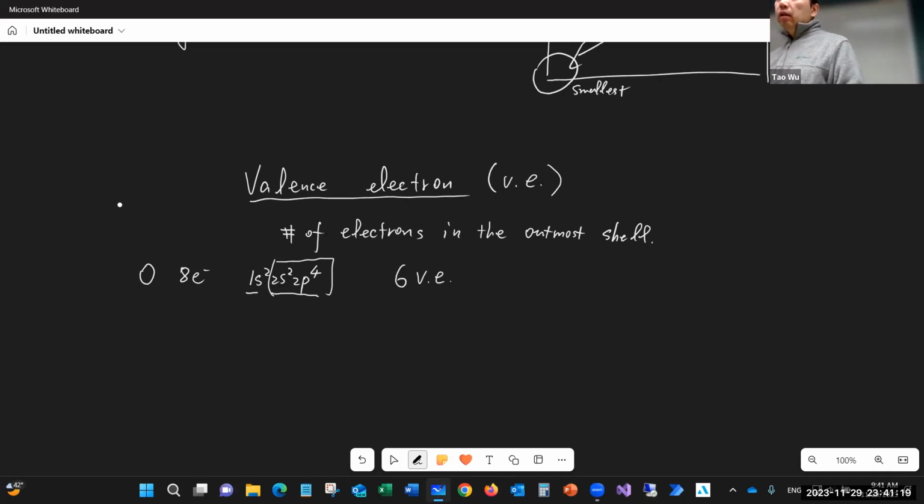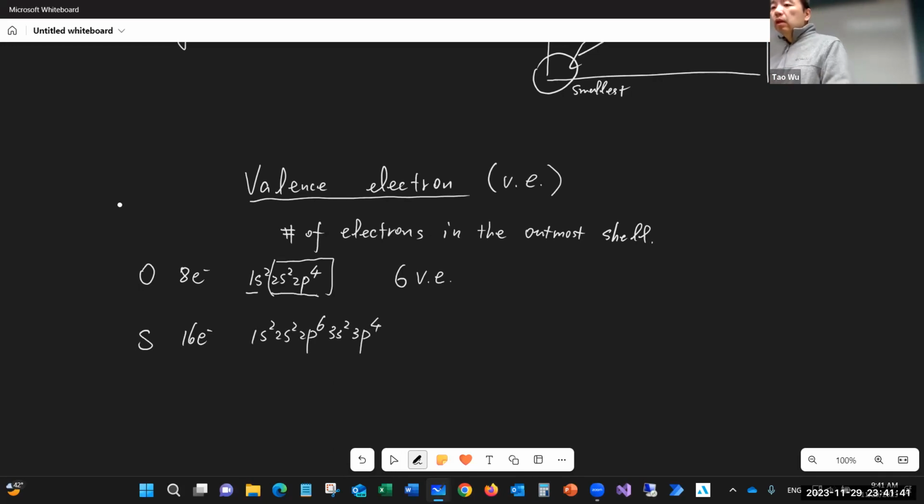Then if we talk about sulfur, sulfur has 16 electrons, and the electron configuration is 1s2, 2s2, 2p6, 3s2, and 3p4.